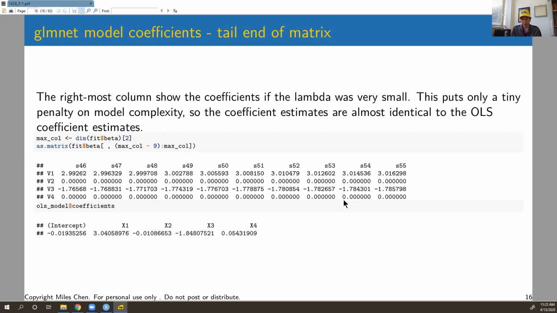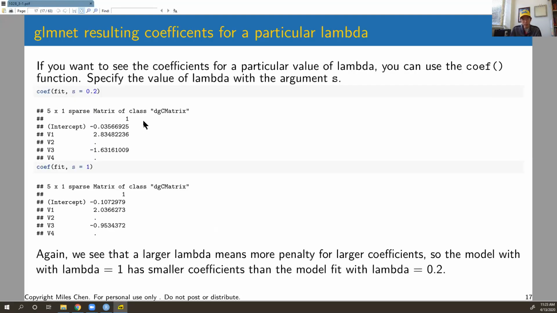You don't have to print out this whole matrix. If you just want the coefficients when lambda is equal to 0.2, or the coefficients if lambda is equal to 1, you can call those as well. And what we see is that when lambda is bigger, the coefficients are smaller, because LASSO says the size of the coefficients themselves are an indicator of how complex the model is.